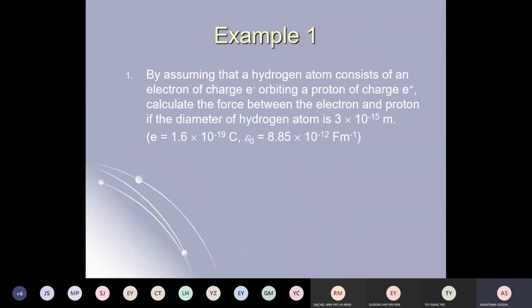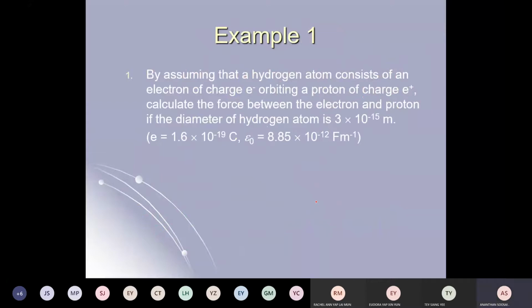Okay, one example about Coulomb's law. Assume that the hydrogen atom consists of an electron of charge minus e orbiting a proton of charge plus e. Calculate the force between the electron and proton, if the diameter of the hydrogen atom is 3 times 10 to the power of negative 15.